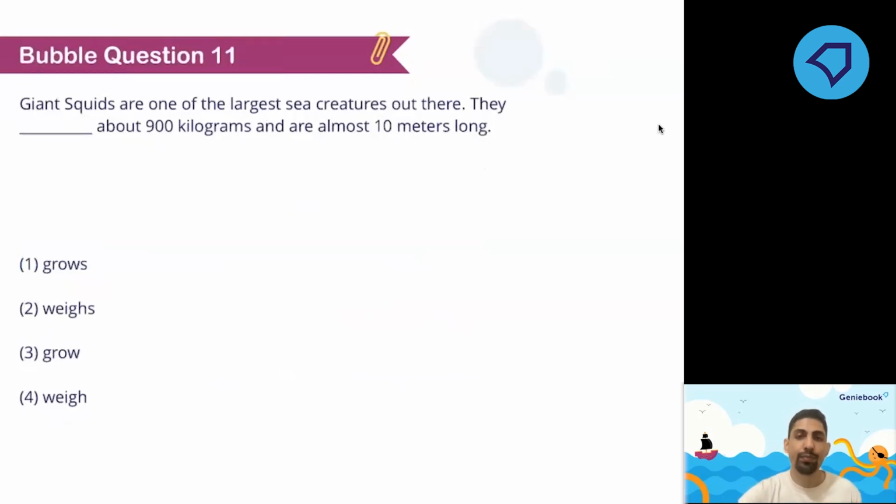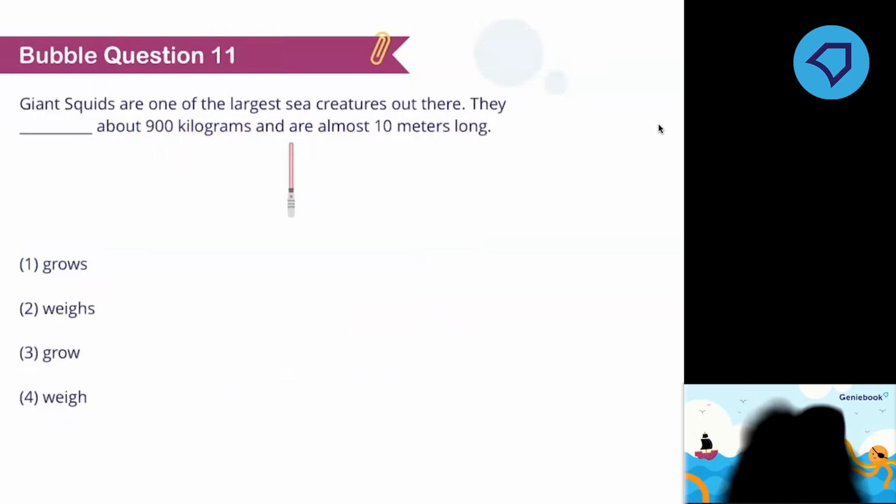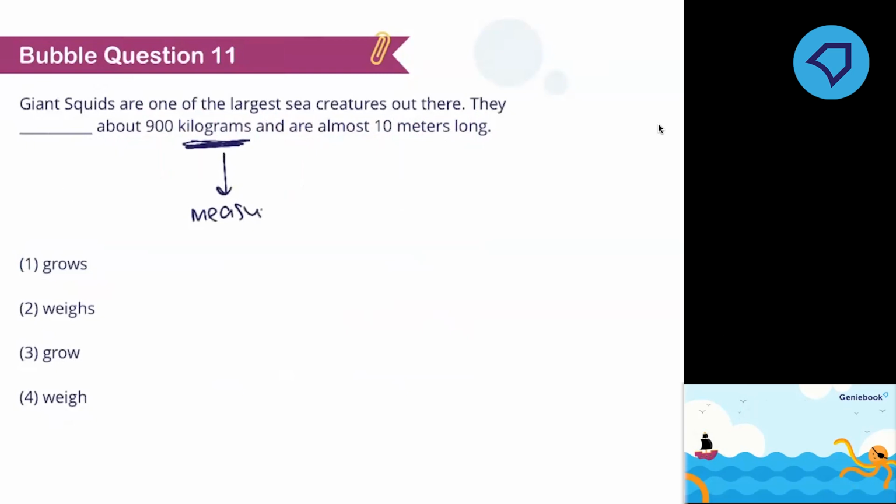Let's go. Giant squids are one of the largest sea creatures out there. They what? About 900 kilograms and are almost 10 meters long. So if you look here, kilograms is a measurement of what? Is it a measurement of height?